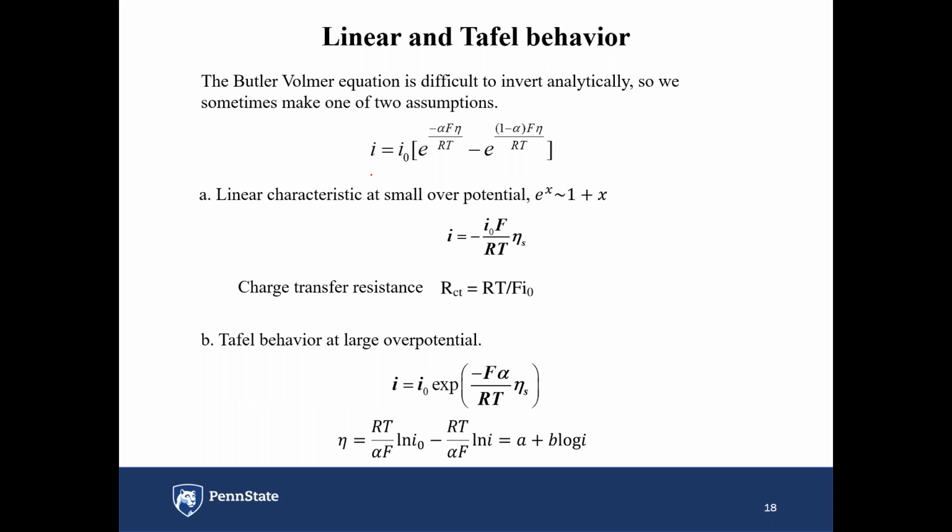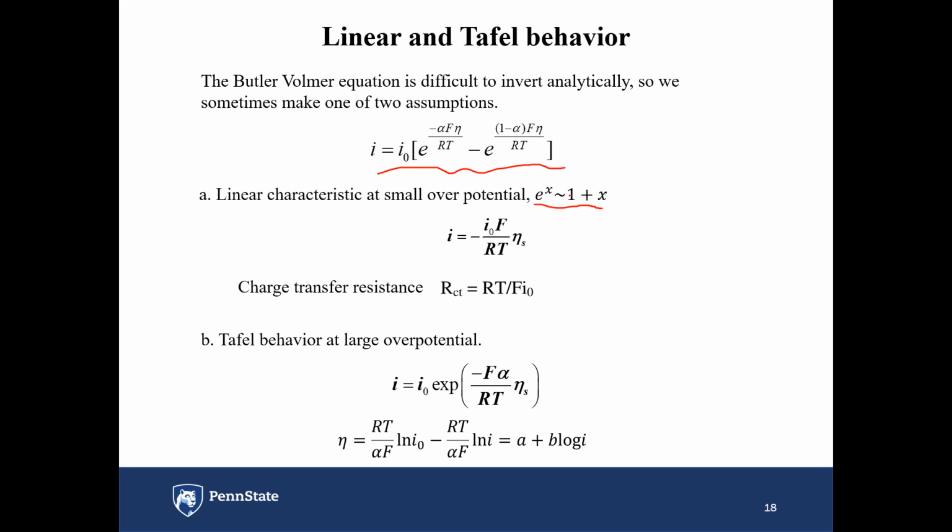Because we know this is what the Butler-Volmer equation already tells us, we have a mathematical expression like this. And we know that for the expression e to the x, when x is super small, we can do an approximation like this.